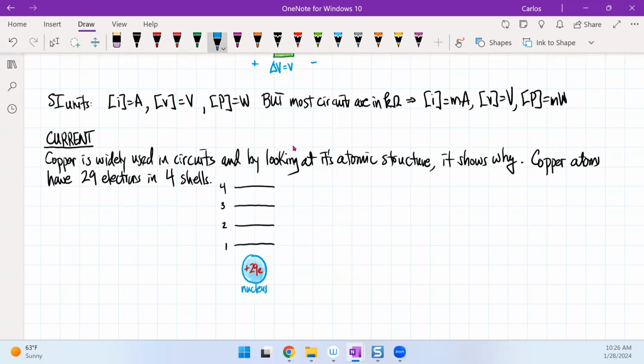The first shell can have 2, the second can have 8, the third has 18, and then the fourth has 1 electron.